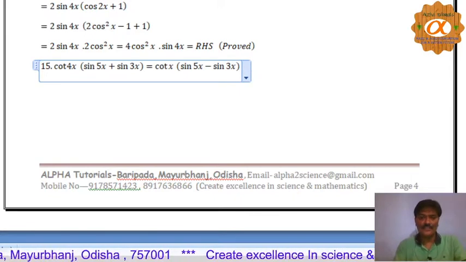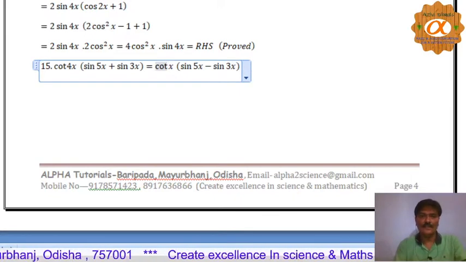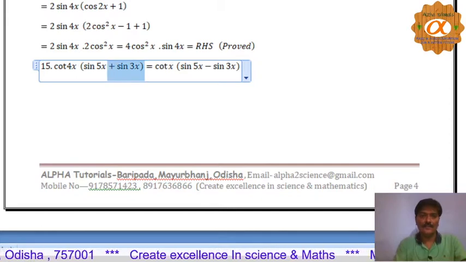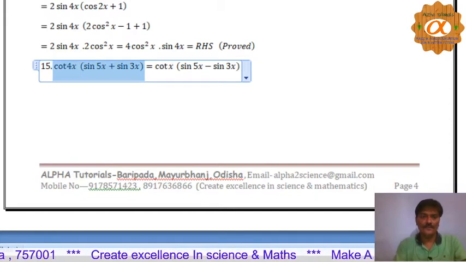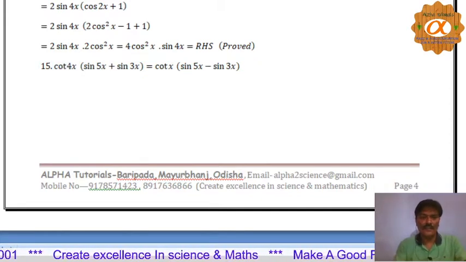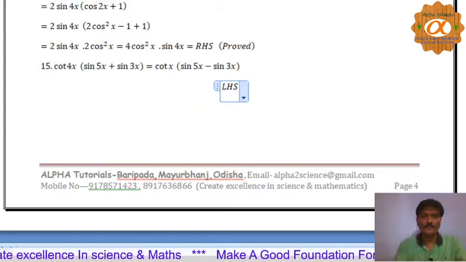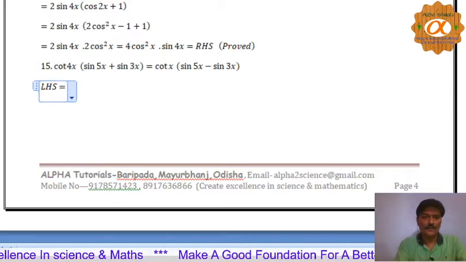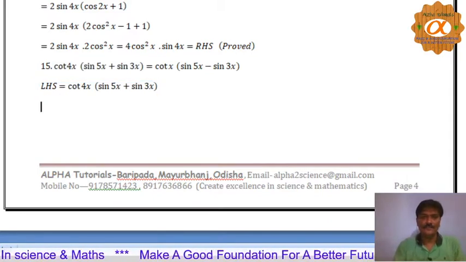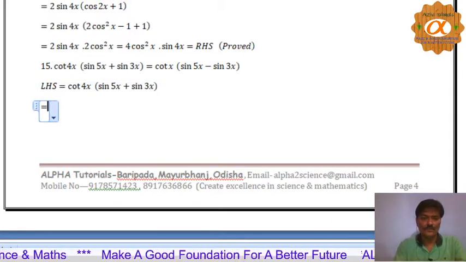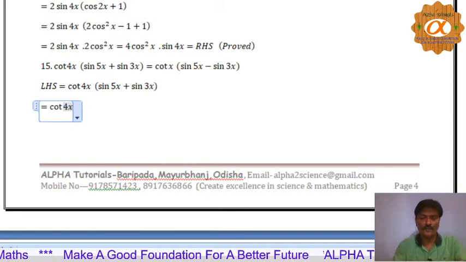I am taking the LHS, and the LHS part is this one, and I will again put the formula of sin A plus sin B on it, so it is cot 4x.